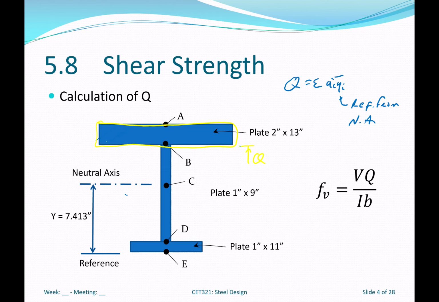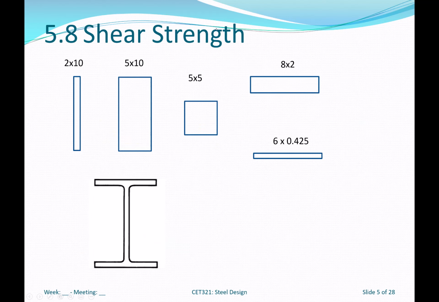If I wanted to calculate Q at this location here, I'd have to take this entire area of the flange times the distance from its centroid down to here. That's A times y bar i. Okay. So again, it's just a summation of those values to get Q. Again, just remind you, take a look at your strength of materials notes if that's not in the front of your brain. Okay. All right.